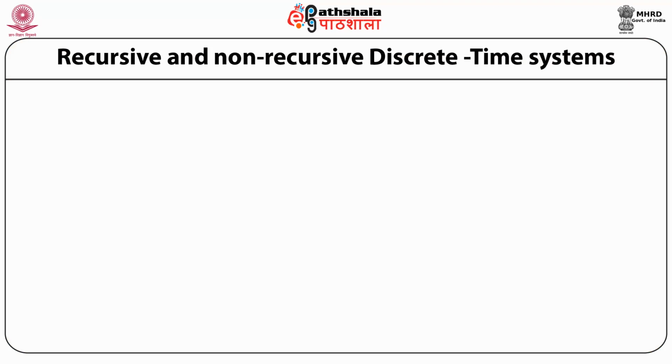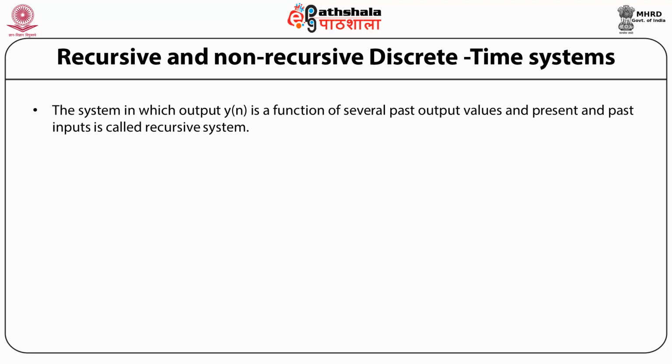Recursive and non-recursive discrete time systems. The system in which the output y(n) is a function of several past output values and present and past inputs is called a recursive system.